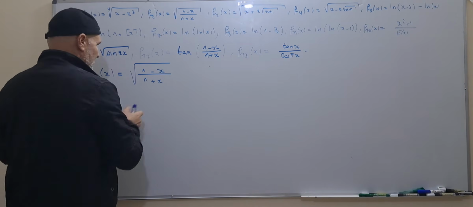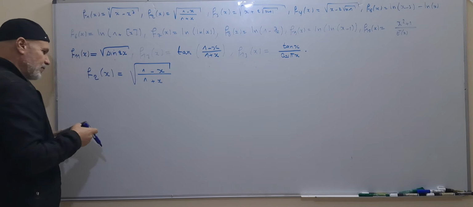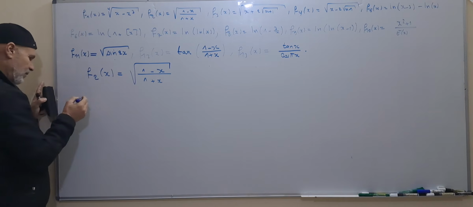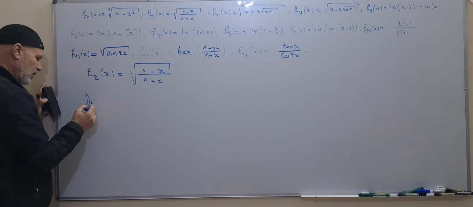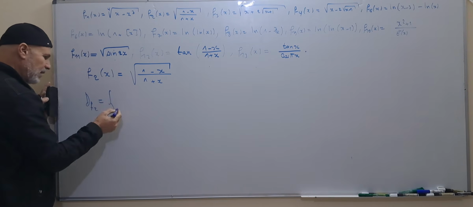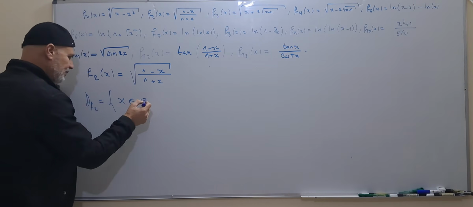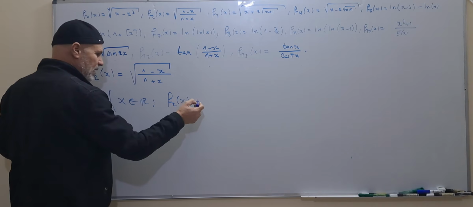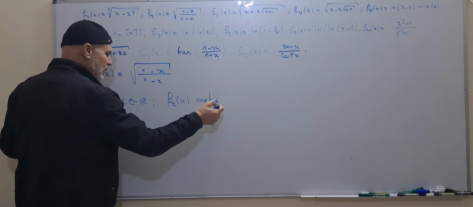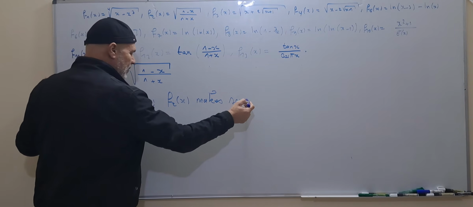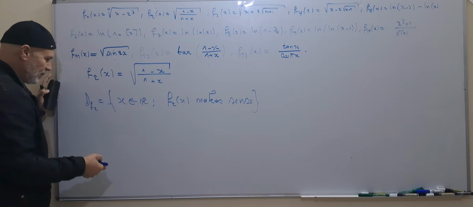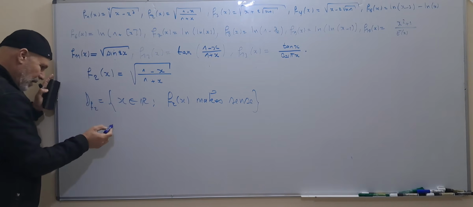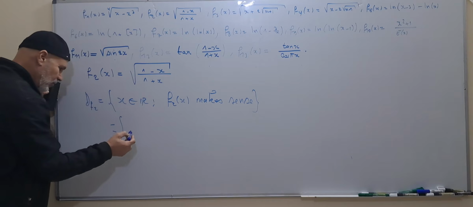The domain of definition of f2 is x from R, such that f2 of x makes sense. So we have here a square root.